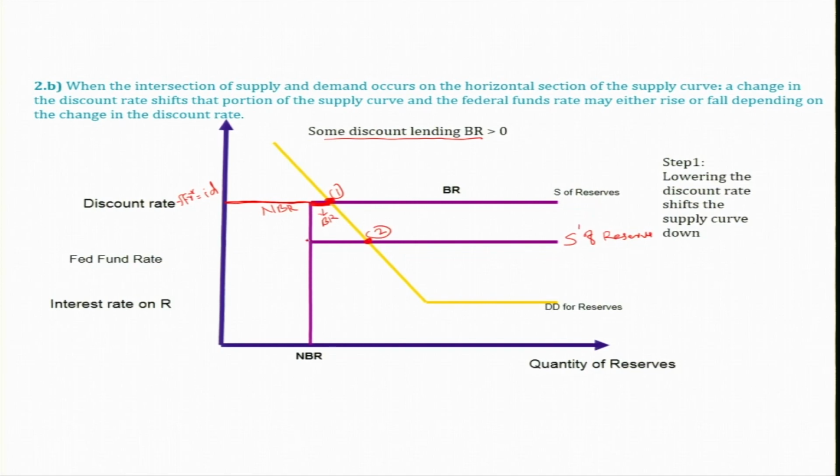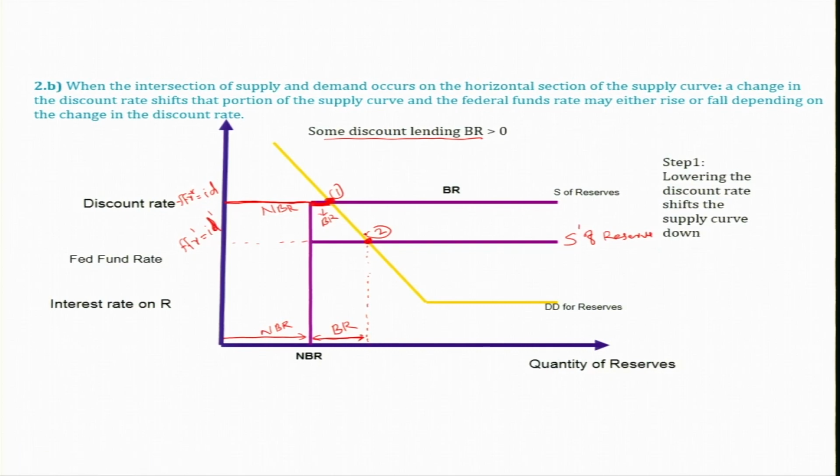This is going to be the new Fed fund rate, also equal to the new discount rate, and here the new quantity demanded and supplied is this much. Of this, this part is the borrowed reserve component, and this much is the NBR component, non borrowed, from open market operation, and the BR part is through the discount window.